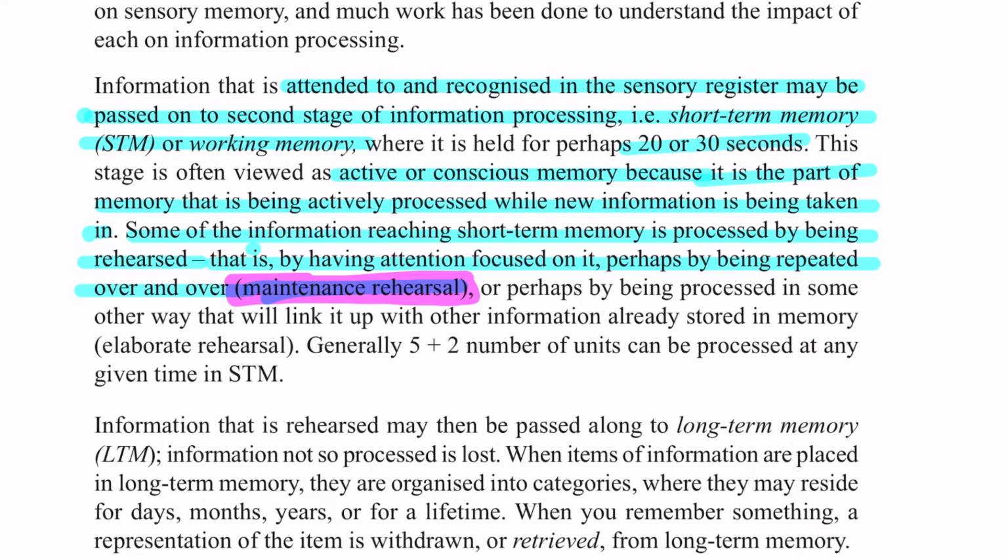And perhaps by being processed in some other way, it may link up to other information already stored in memory. Suppose, like in the last lectures I said, you have seen some different kind of chair, and you have a concept of chair stored in your long term memory. When it matches, you process it: yes, it is a chair.